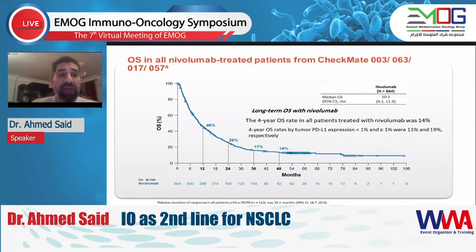So for the overall survival of all the nivolumab-treated population, you can see a median overall survival of 10.3. And remember, this all came from the pooled analysis of phase 2 and phase 3 trials on different histologies. And you can see a 46% overall survival at 1 year and 26% at 2 years. And we are still at 4 years having 14% overall survival.